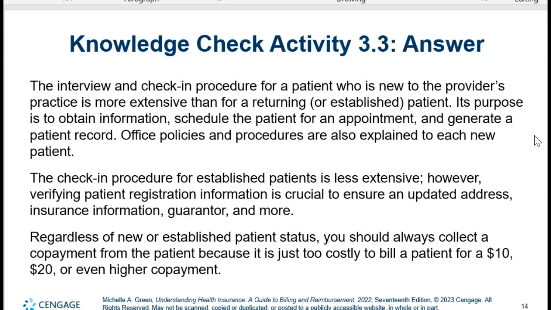You're going to have to get their insurance information, who's going to be the guarantor, an updated address, a phone number, all that good stuff that goes with checking in. I'm sure everyone's been there on this. And then regardless if they're new or established, you should always collect a copayment. And this is going to be sometimes $10, $20, or even higher.